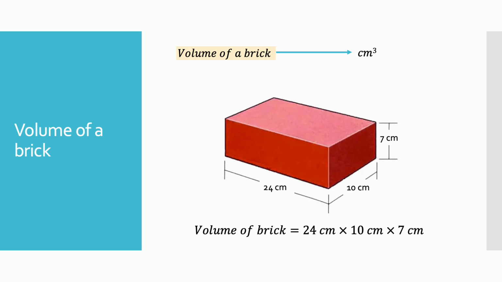So the volume is 1680 centimeter cube or 1680 cubic centimeters. So we use cubic centimeters for smaller solid objects like bricks, boxes or books.